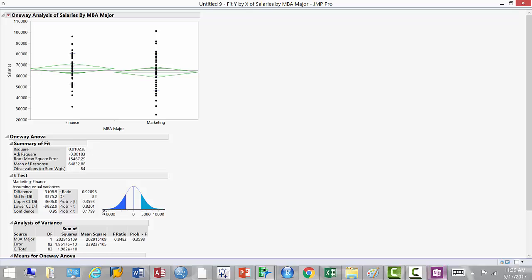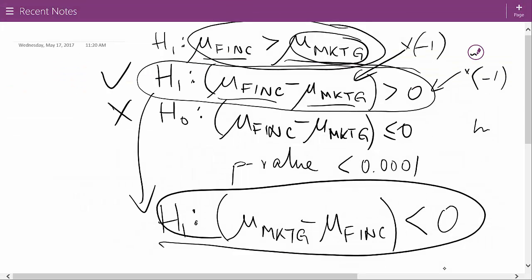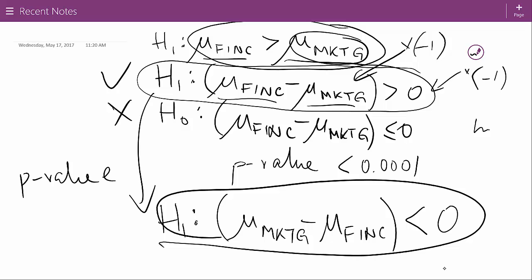And that would be 0.1799. So therefore, my p-value is 0.1799. How does that compare to any value of significance alpha that we can choose? We can choose 1% or 5% or 10%.